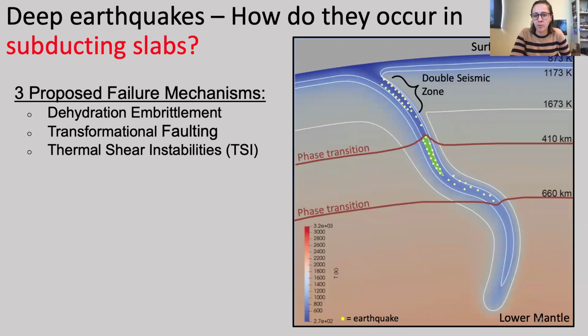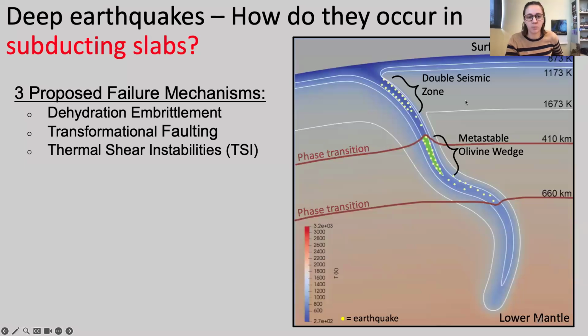Dehydration embrittlement is thought to have to do with dehydration reactions in the intermediate part of the slab, and people have observed double seismic zones as evidence for this. Then there is transformational faulting of the metastable olivine wedge, shown in this cartoon, more in the transition zone of the slab. And the last one is thermal shear instabilities, which hasn't necessarily had a depth restriction set on it, but has been investigated at more of the intermediate depths before.